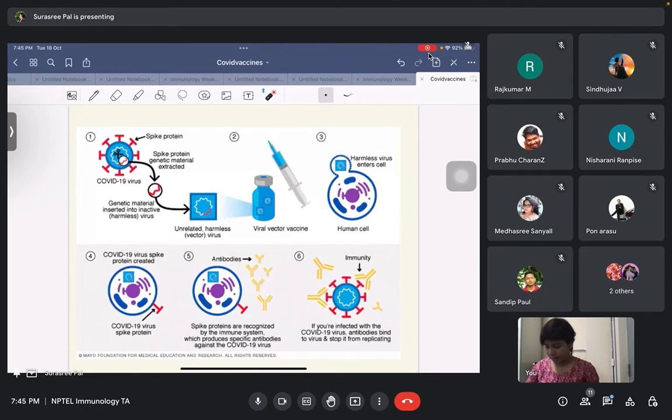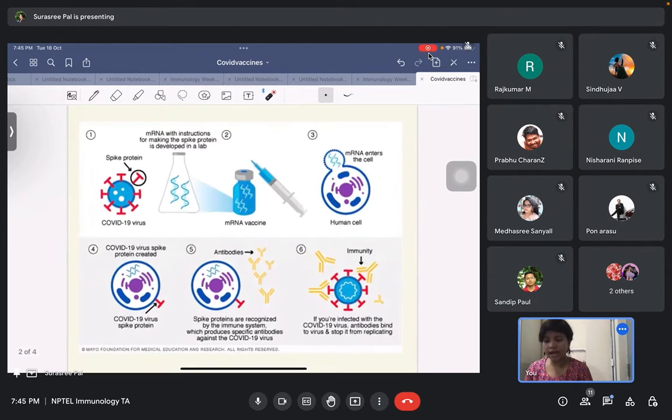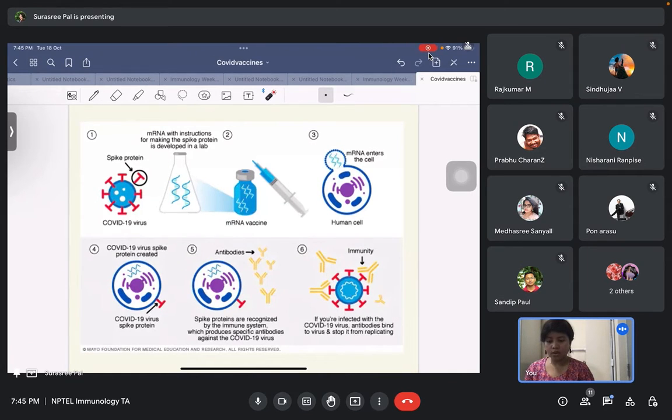All right, and one other type of vaccine which was very commonly used during this COVID-19 pandemic, developed by Pfizer, and another vaccine developed by Moderna, were mRNA vaccines. Okay, not DNA vaccines, but mRNA vaccines. So what they did is that they took the mRNA for the spike protein, and this mRNA was given as a vaccine, and when this mRNA enters the host cell, protein synthesis occurs, right?